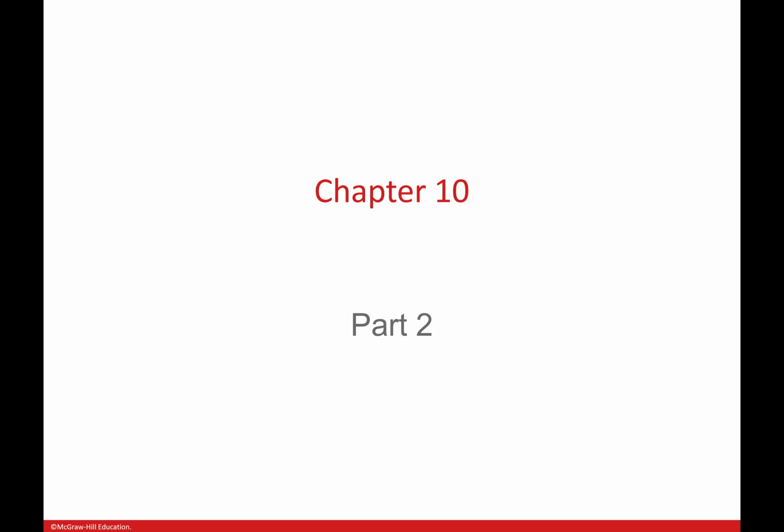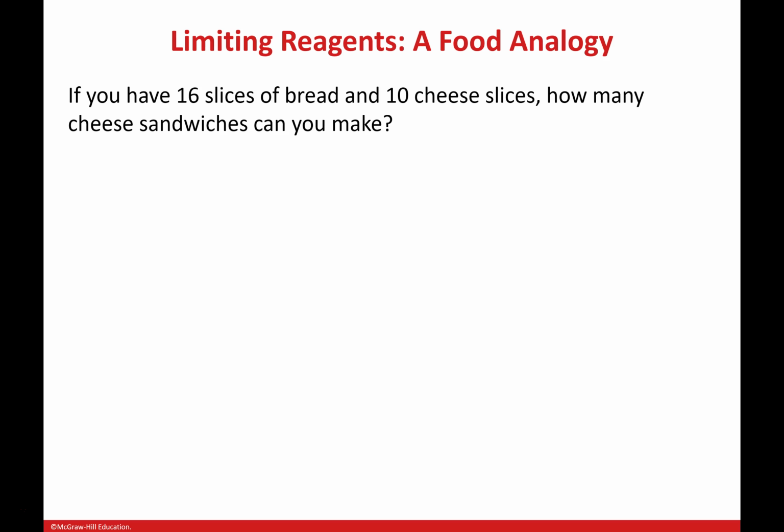So a few chemistry things I want to link to cooking, and we start out with this example. I'm going to go ahead and make this process of making a sandwich into a chemical equation. So it looks like this.